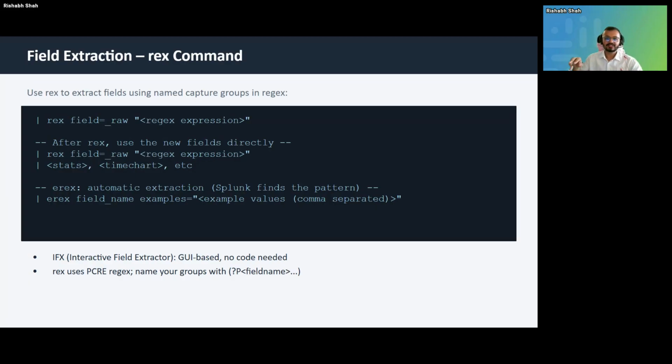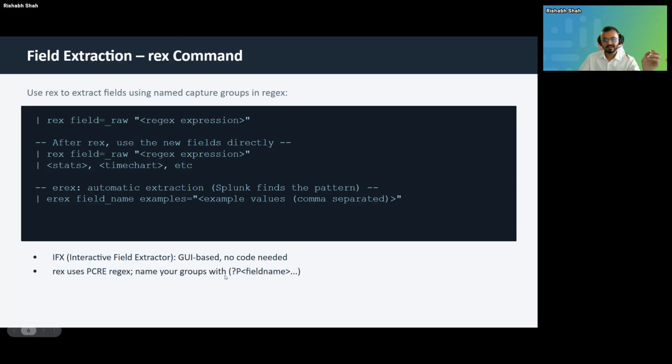After specifying those examples, it's Splunk's job to create the regular expression automatically, and it helps us extract the field. There's also a method called IFX, interactive field extraction. I can show you that example as well. And just FYI, rex uses PCRE regex expressions.